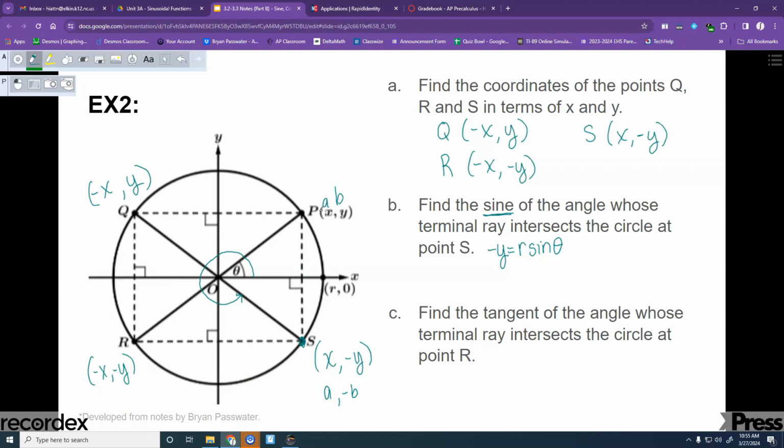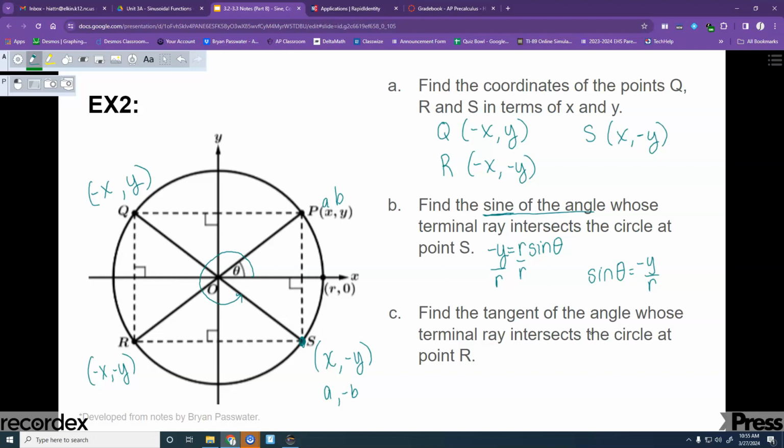So if I want to know what sine of the angle is, then I would just divide by r. And so sine of theta would equal negative y over r. And actually, I really shouldn't use a theta here.